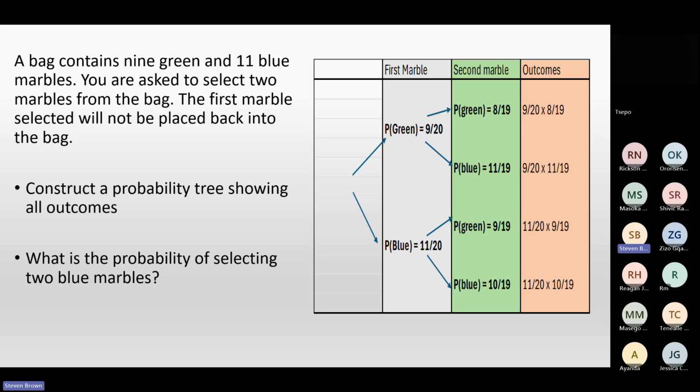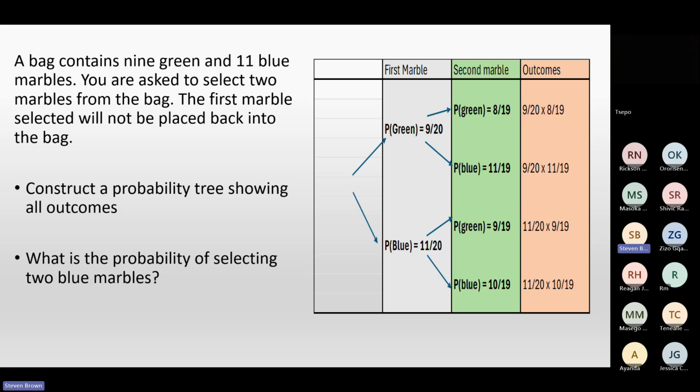You don't have 9 green ones. You only have 8 green ones left because, hey, you've left one outside. And now you've also taken one out of the bag, so you don't have 20 left. You have 19 left. Okay, so that's what happens when you work on that branch. Here, you still have, hey, 11 blue marbles, but again, there's only 19 in the bag. So that's your first branch and second branch.